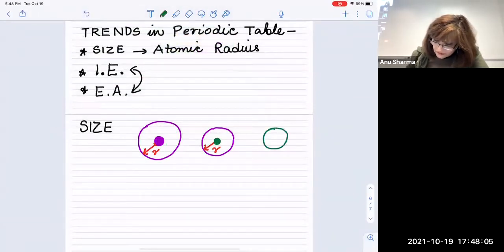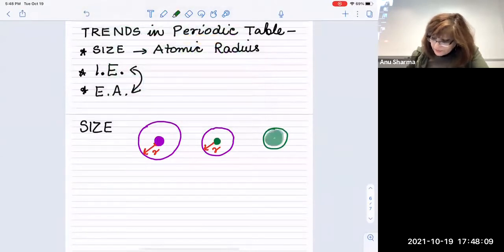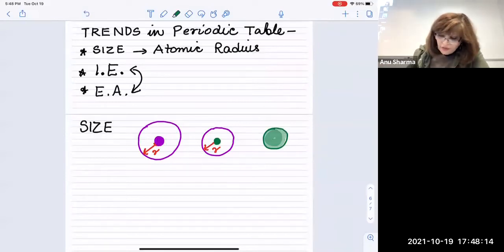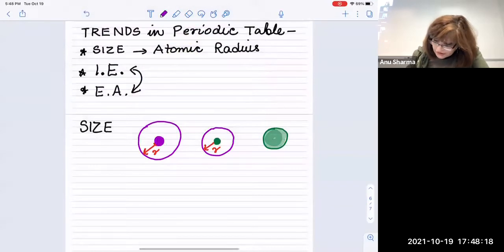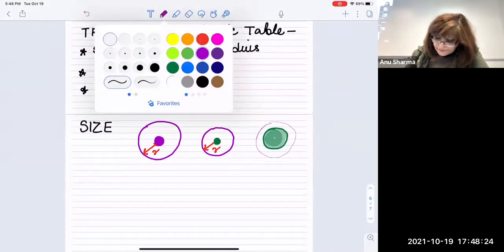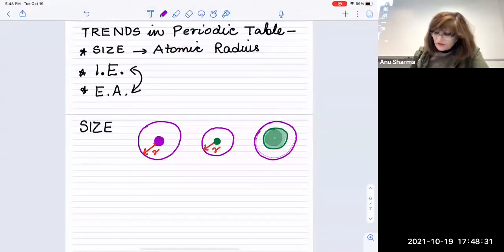So here is this nucleus, a huge big nucleus, and this nucleus has lots of protons, plus charges. Remember that plus charges are always going to have an attraction for the negative charges. So plus charges will exert an influence on the negative electrons.